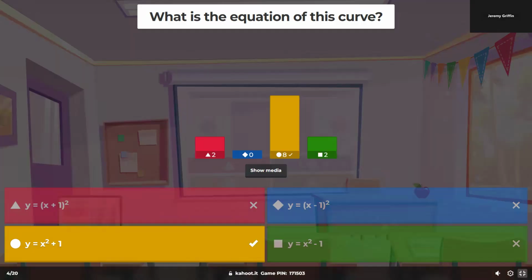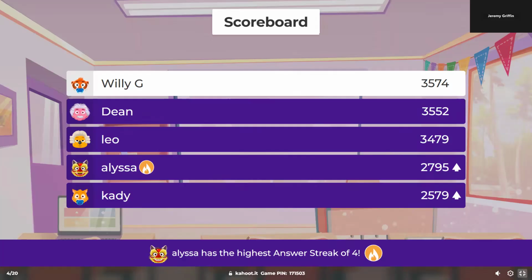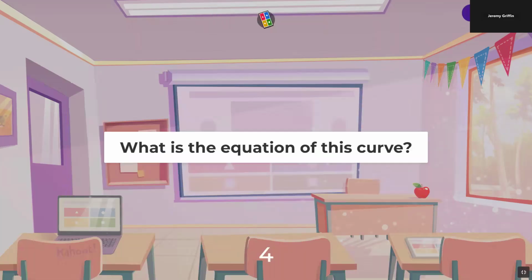How do you shift up 1? Okay. So you just take the regular initial function, x squared, the parent function, and you just add 1 after the fact. Yeah, that'll shift the whole thing up 1. Got Katie, Alyssa on fire. Leo, Dean, Willie D. What's the equation of this curve?